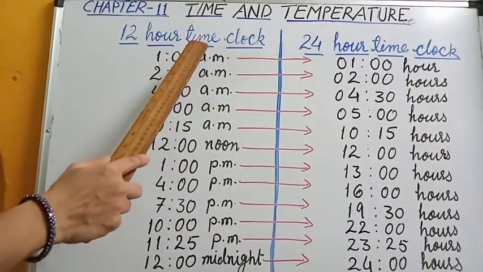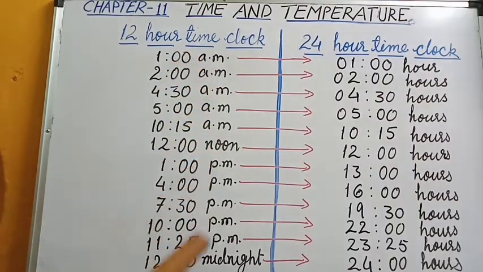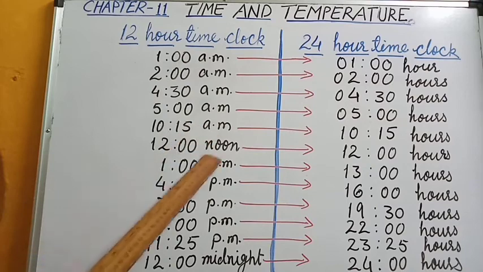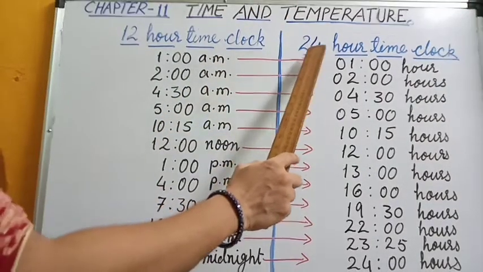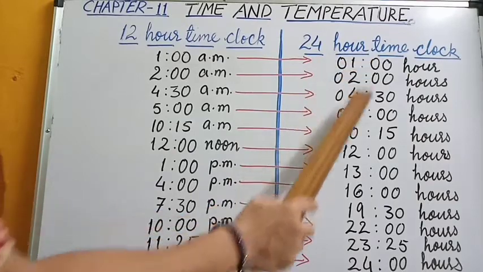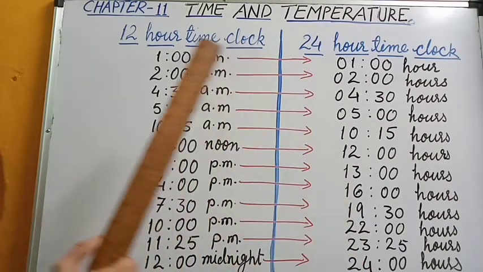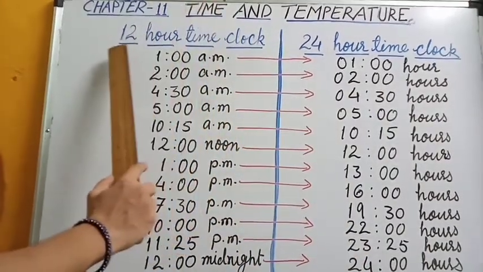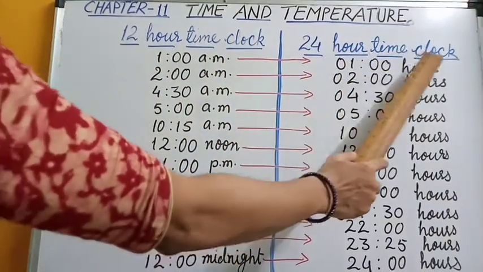That's why our hour hand has to take a second round. That's why it is divided into AM and PM, before noon and after noon. But in digital clocks we can represent 24 hours. After 12 hours we can write 13, 14, 15, 16 up to 24. So the difference is time can be represented in a 12-hour time clock as well as a 24-hour time clock.